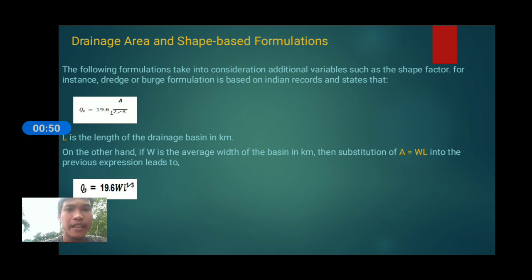On the other hand, if W is the average width of the basin in kilometers, then substitution of A equals WL into the previous expression leads to QP equals 19.6 WL to the power of 1/3.